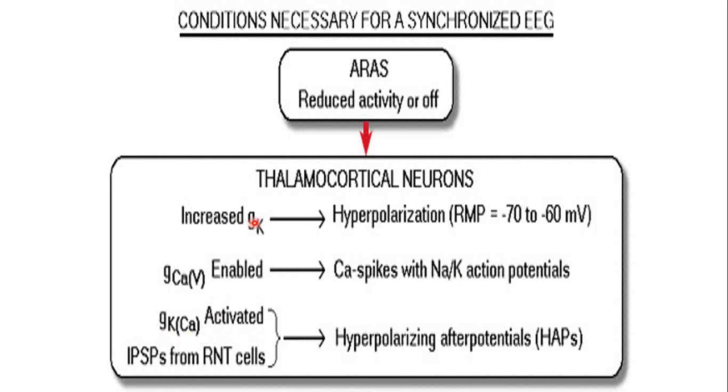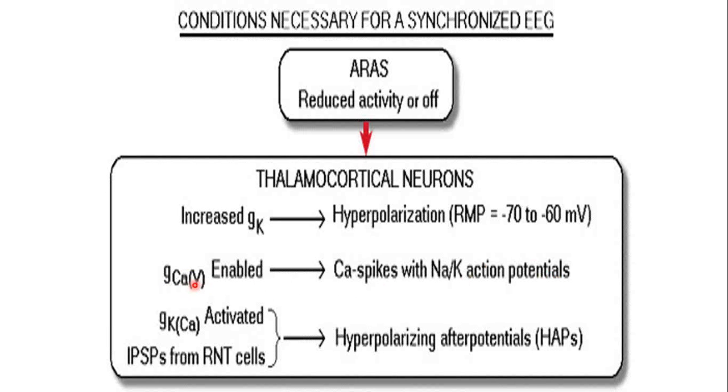And now when we have that hyperpolarization, we get the calcium channels opening up. G stands for conductance of calcium. Just like potassium is always conducted outward, calcium is conducted inward. And when we conduct calcium inward, we get the action potentials.